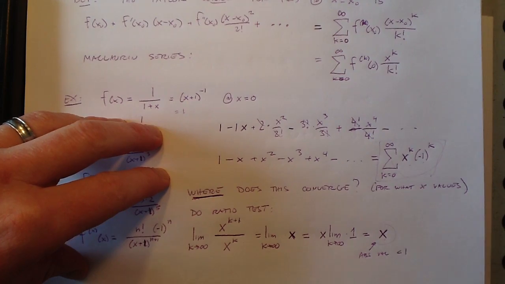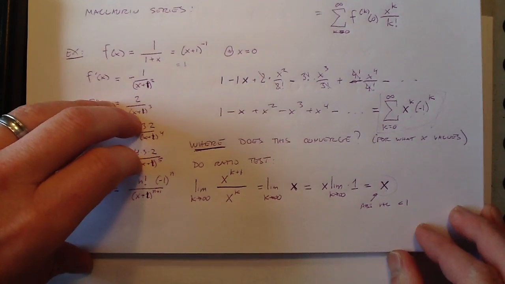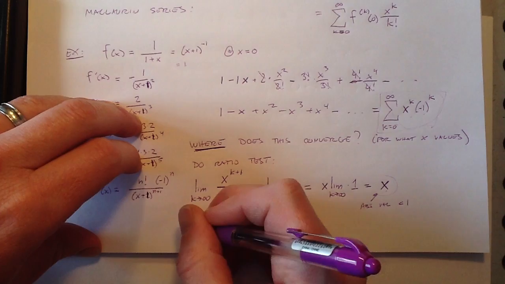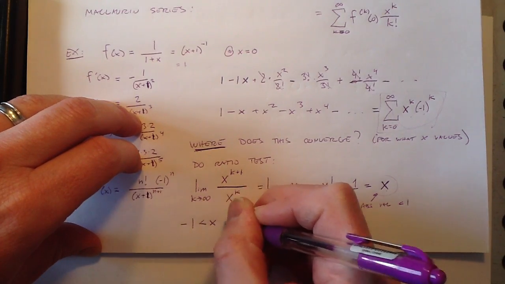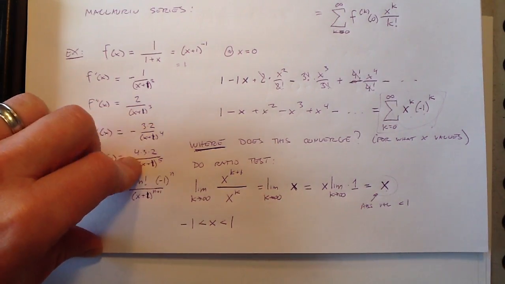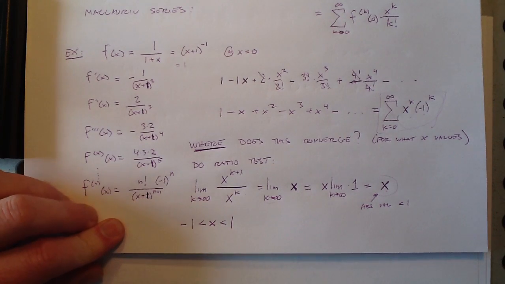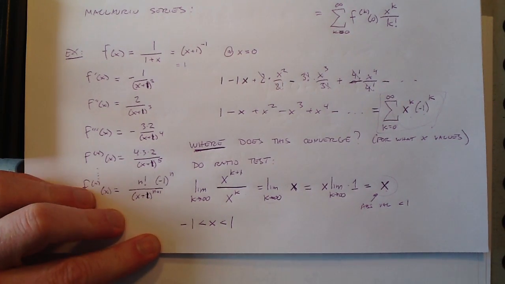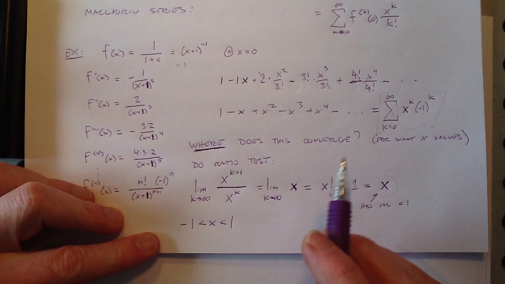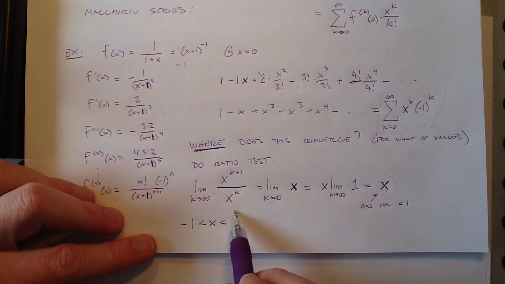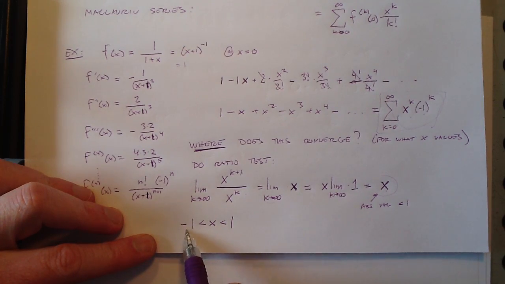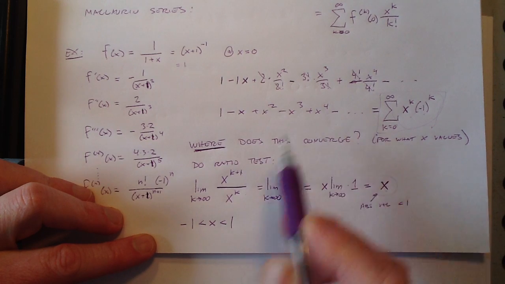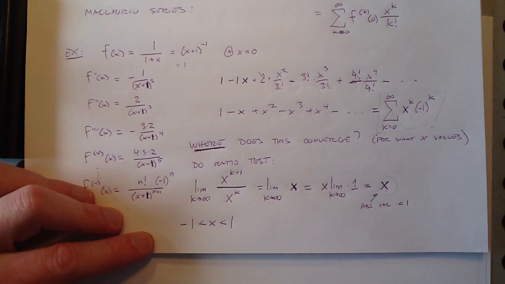Or in other words, whatever we get here needs to be in between -1 and 1. So what does this mean? This series converges from -1 to 1. For x values between -1 and 1, this series will converge. For other x values outside, it's not going to converge.